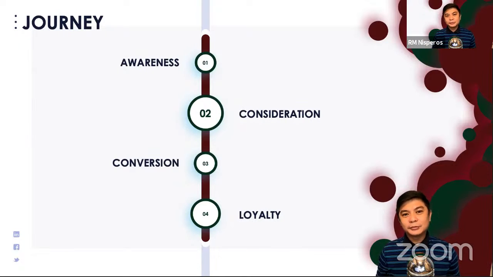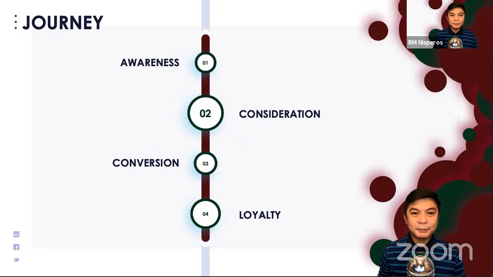Similar to us when we buy something from the internet, we come across ads from social media primarily. We get aware of something, so we search information on search engines, talk to people, ask people on our messengers, Viber, and all to ask whether this is a good buy or not.